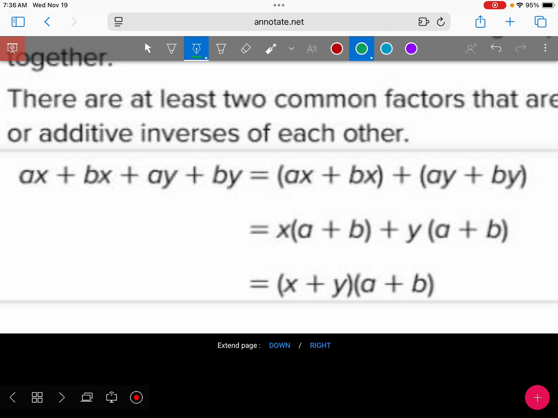What we can do is break them up into pairs. We look at this and go, ew, this is really big. I could say, what if I look at just those two pieces? Oh, look, they have something in common. And what if I look at these two pieces? Oh, look, they have something in common. These two things just have x's, these two things have y's. So we break them up into pairs.